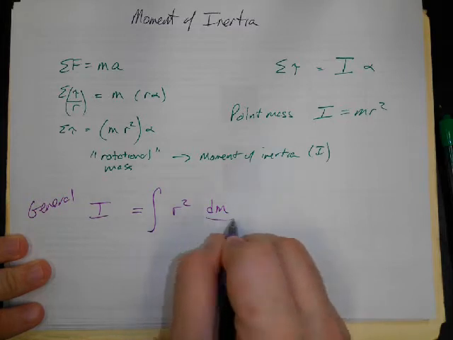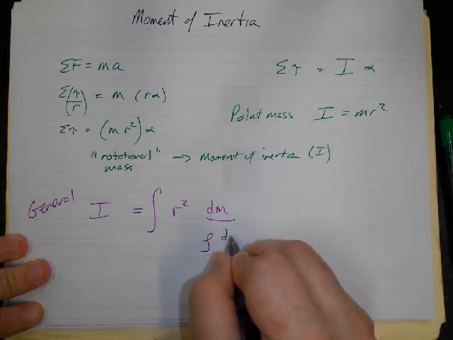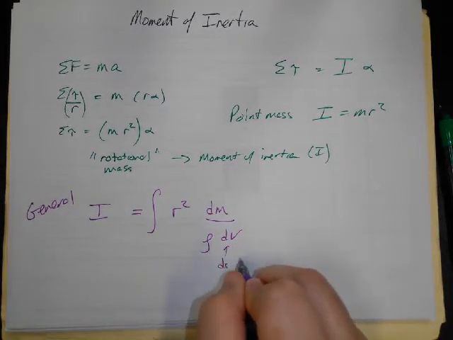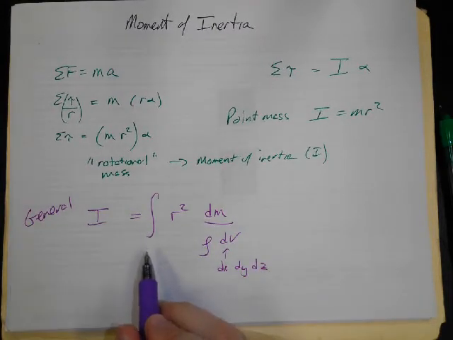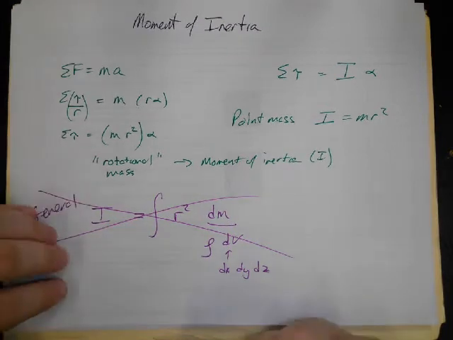It's effectively the density times some volume, so this will be dx, dy, dz, a three-way integral. I don't expect you to do that at all. That's how it can be explained in the textbook.